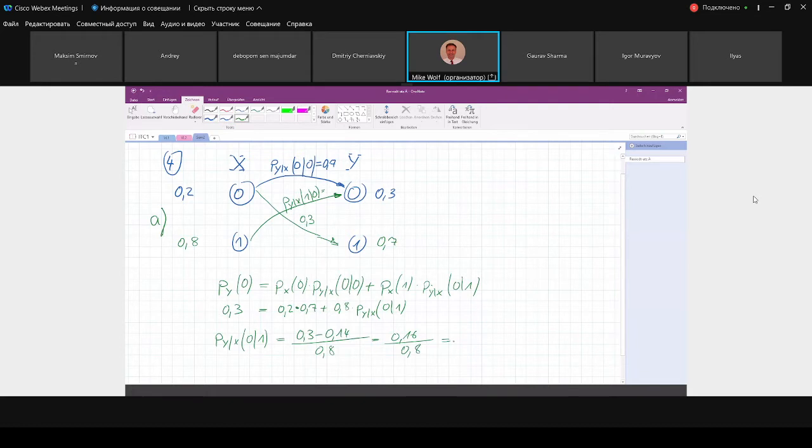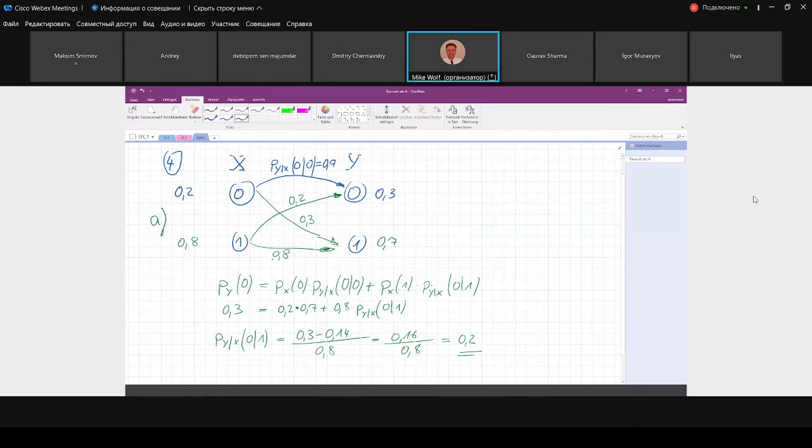So this should be 0.2, of course. Now we have it and can write it here. So 0.2. And then there's no question about this probability. Then it's quite easy because we see this needs to be 0.